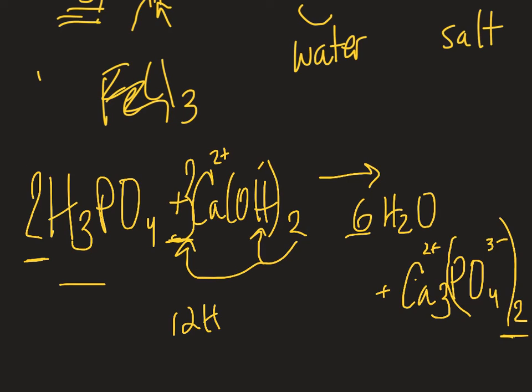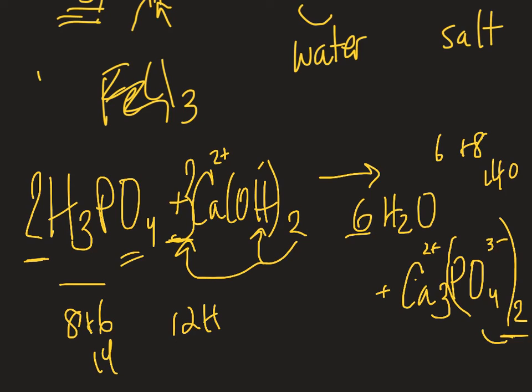And I'm going to triple check by making sure my O's all balance now. 4 oxygens times 2 is 8. 2 times 3 is 6. 8 plus 6 is 14 oxygens on the left. 6 times 1 is 6 oxygens on the right. 4 times 2 is 8 in my phosphate. 6 plus 8 is 14 oxygens on the right. So now I'm positive that I've got it right.